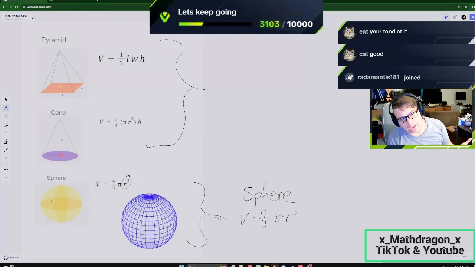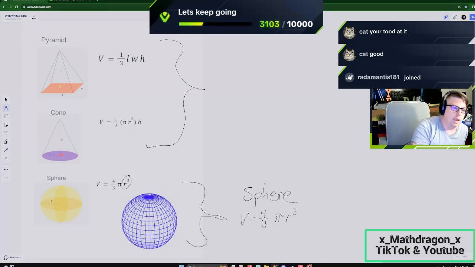If you remember that to tag on with the sphere, that will help you. And then these are both 1/3, and we're going to talk about the 1/3. So if you can remember 4/3, that kind of gets added on to the 1/3. You're almost there. But remember, what's our base shape? Our base shape's a circle. So what's the equation for a circle?